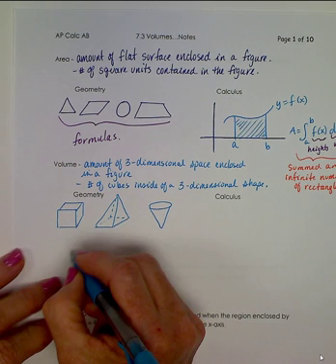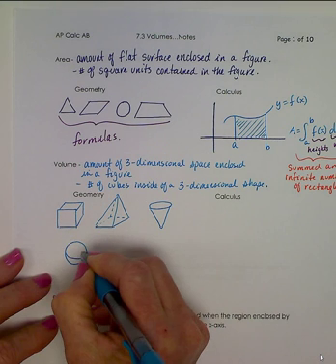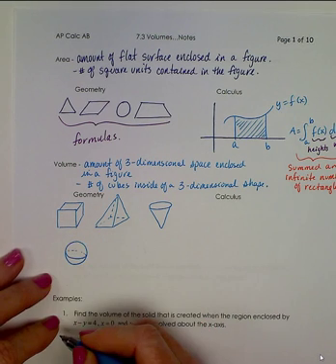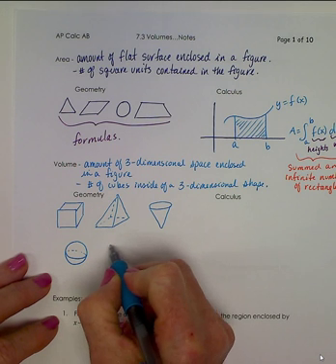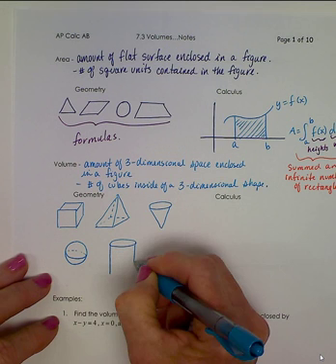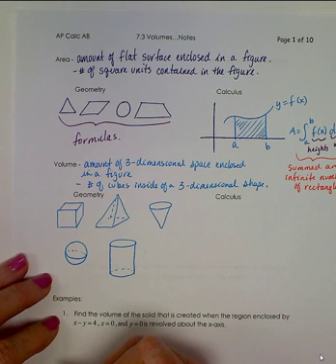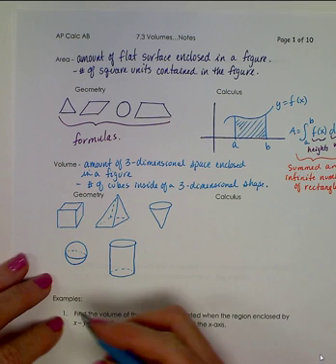Oh, spheres, and cylinders. How did you find all those volumes? Formulas.